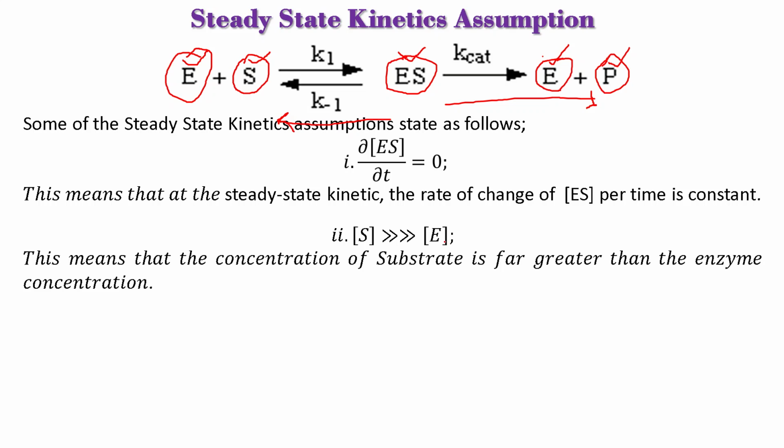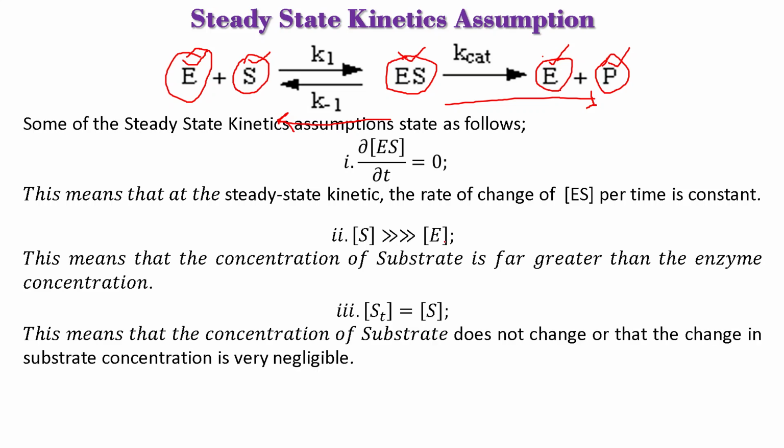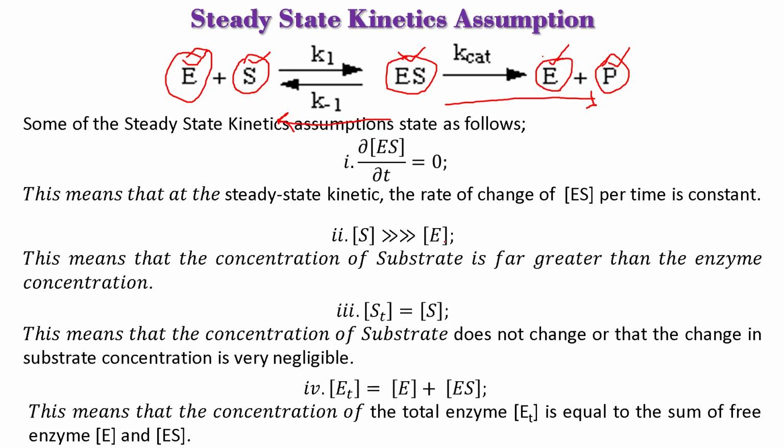The next three are what we borrowed from the other assumptions we made: substrate concentration is greater than enzyme concentration, and the total substrate concentration is equal to the substrate concentration, since the change is very negligible. So we don't assume any change, while E total will be equal to the free enzyme plus the bound enzyme. Take note of these four assumptions.